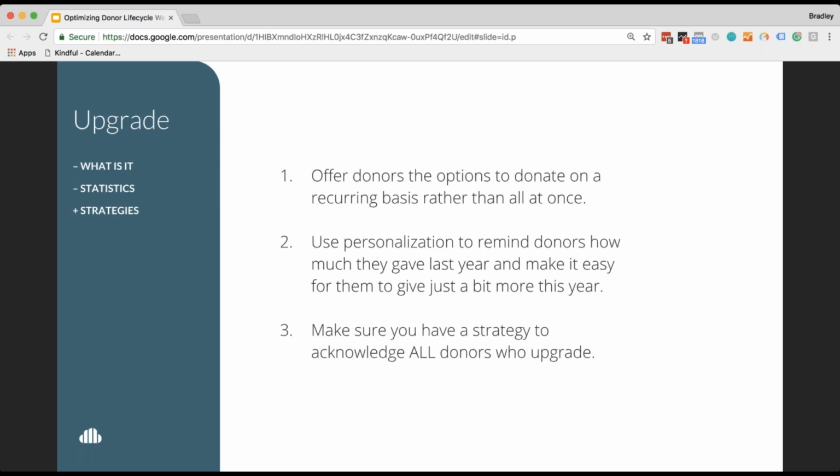Those two things are great ways to incentivize people, that not only are they giving $10, but their donation is going to impact your organization twice as much by someone matching that gift.